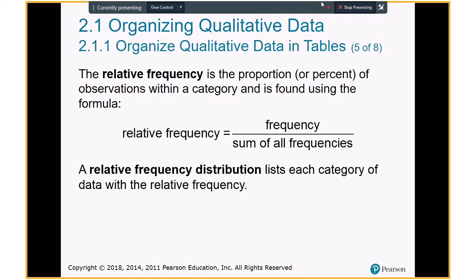Sometimes I think, you know what I think statistics is? Sometimes I think there was this guy way back in ancient times that couldn't make it as a mathematician. So he thought up statistics and he started renaming everything, complicated names, so it'd make his job sound good. Because a relative frequency is nothing but a percent. But I don't know why you got to call it a relative frequency.